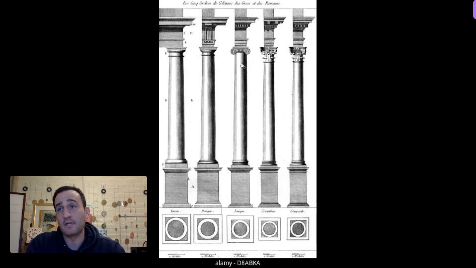You're either looking at an Ionic or a Corinthian or a composite column. So I've always thought of the best way to identify a Doric column is there an absence of detail? Maybe not absence of detail, because there is still detail here, but if there's an absence of a high level of articulation, I know I'm not looking at a Corinthian or an Ionic.